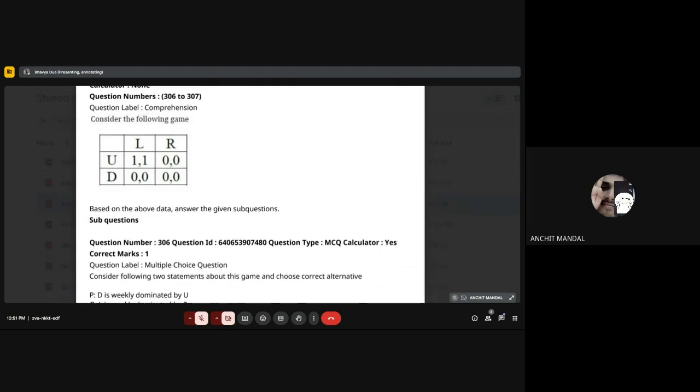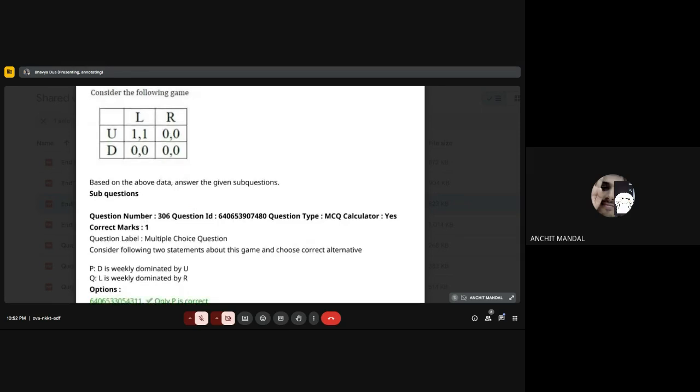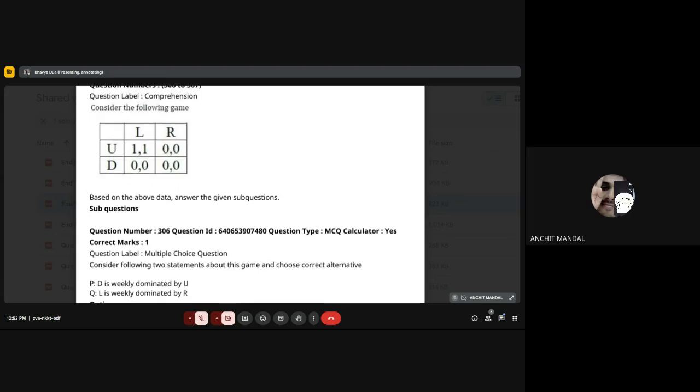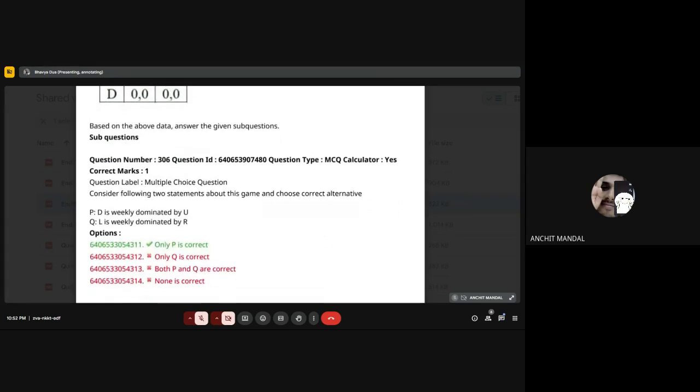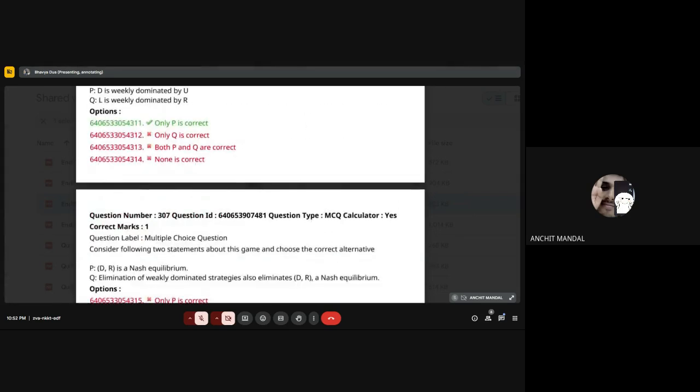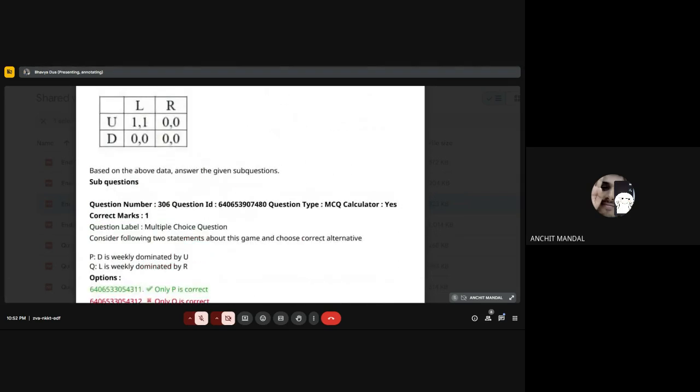Statement 1: D is weakly dominated by U, which is correct. U is at least as good as, if not better than, D in each and every aspect. Statement 2: L is weakly dominated by R. No. Only statement 1 is correct. D, comma R is a Nash equilibrium.